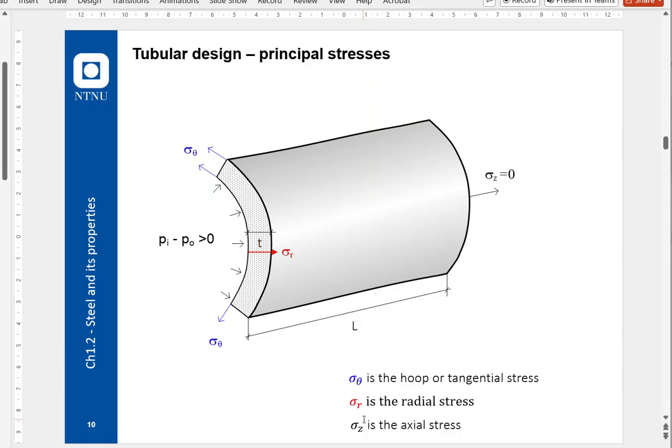I'd say in 99% of the cases, the sigma theta is the larger, sigma radius would be the smaller, and the axial stress, which would be a decomposition of the weight acting, corrected for buoyancy, for example. Yeah. We'll look into those details later on. But these are the 3 principal stresses.